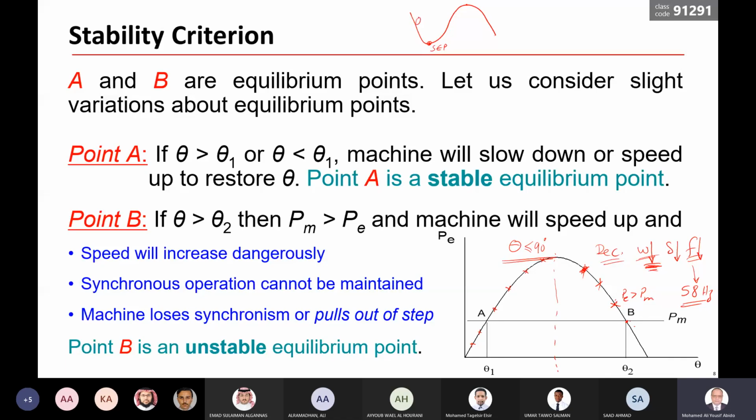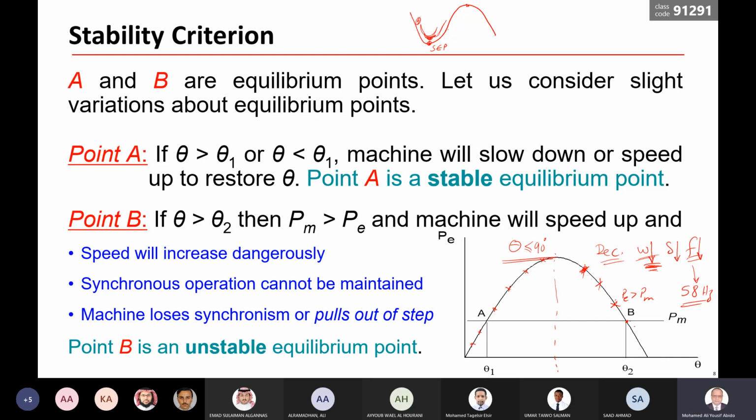If you put the ball here, it will go back and forth until it again reaches here.